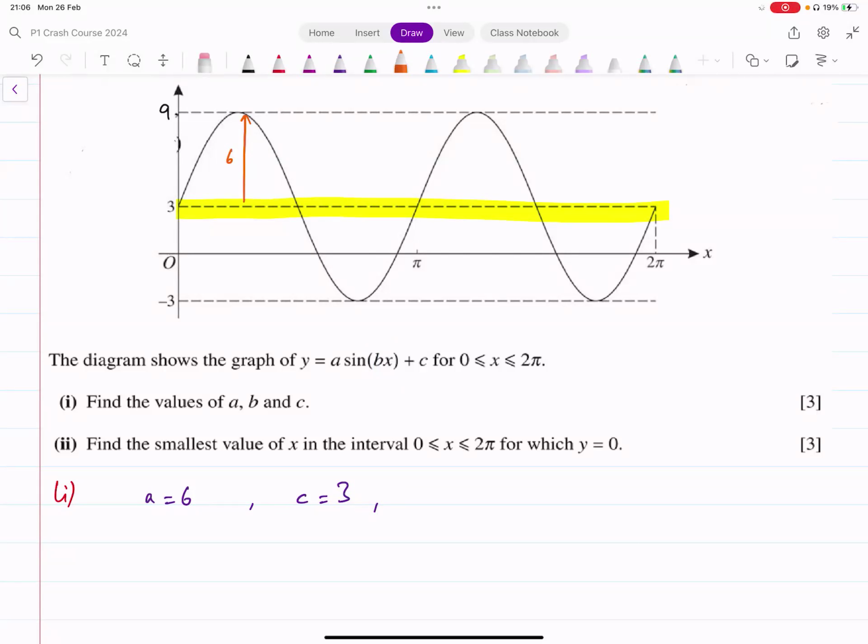Remember, original period of the sine graph is 360 degrees, or in this case, it's in radians, 2 pi radians. Normally, it would complete how many cycles? 1 cycle in 2 pi radians. How many cycles is it completing now? It's completing 2 cycles. So this B can kind of represent the number of cycles that it's completing now in 2 pi radians.